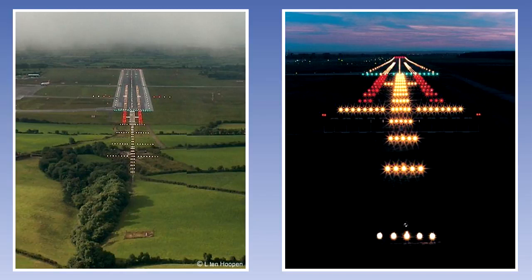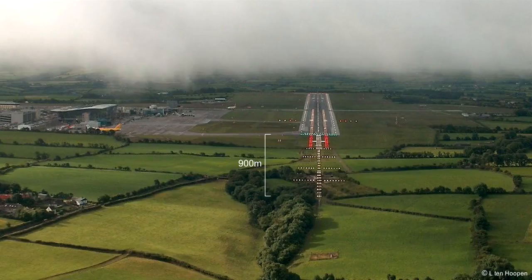All systems are distance coded and give some elements of attitude information. The lights will extend over a distance of 900 meters from the end of the runway threshold and possess 2 side rows of lights extending 270 meters from the threshold and 2 crossbars, one at 150 meters and one at 300 meters from the threshold.